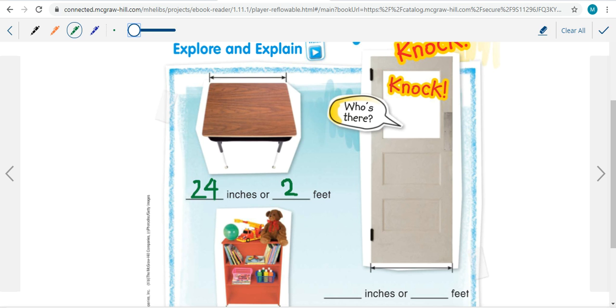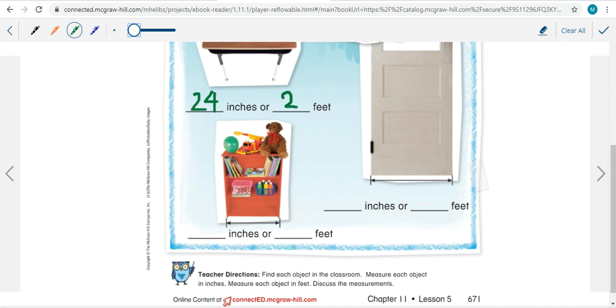Now let's look at the door. How many inches wide? When you see this arrow like this, we're going to measure how wide is an object. As I said on the last lesson, wide is ancho. How many inches long do you think it is?